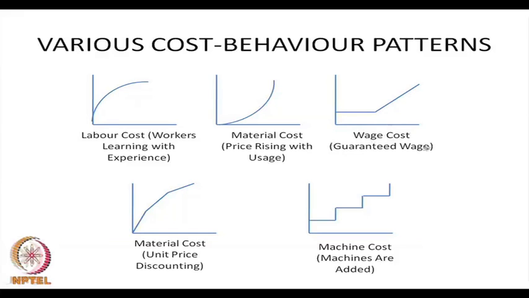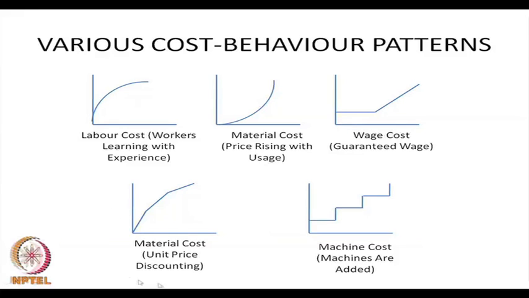Now, this is another type of cost, a wage incentive scheme, where a worker is given a constant amount for some time, but if he can produce more, then he is paid more, the hourly wage rate is more. So, his wage cost rises. There is a guaranteed wage up to this.